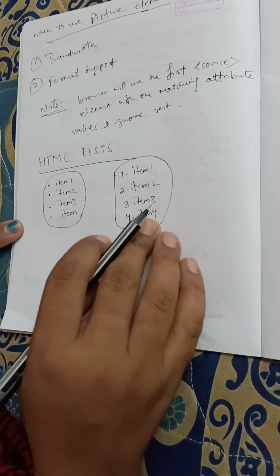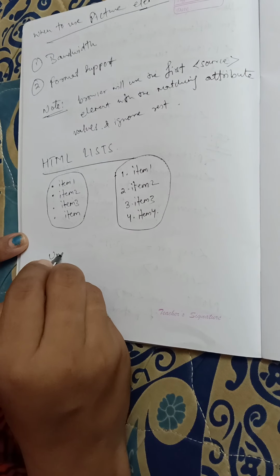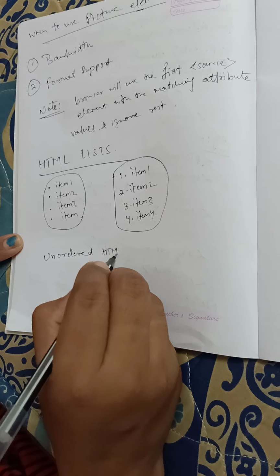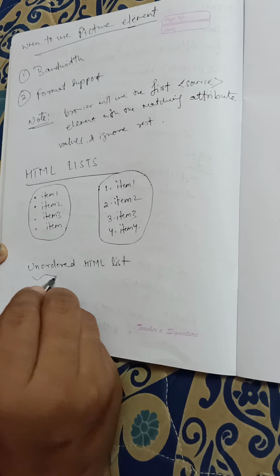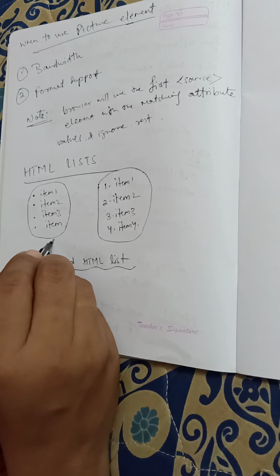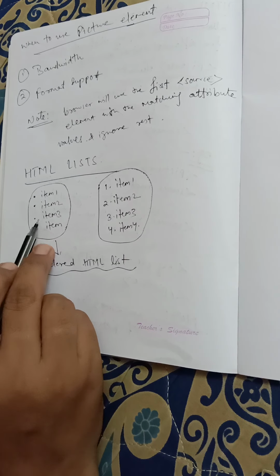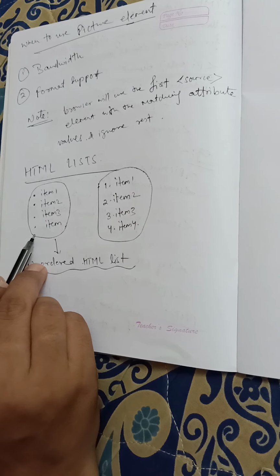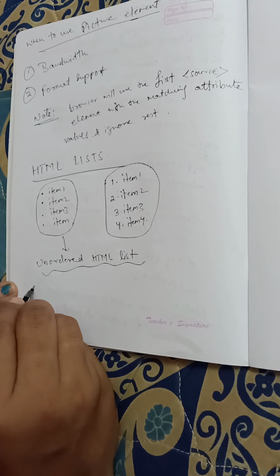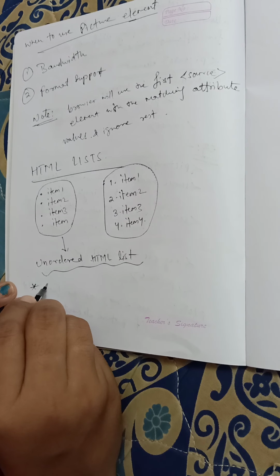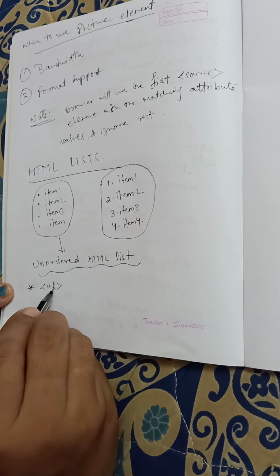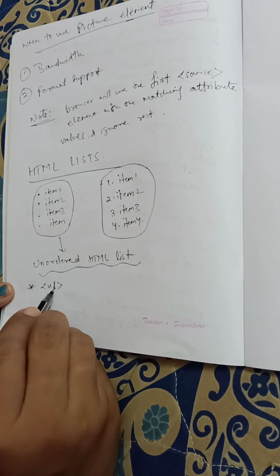Now we have something known as unordered list or unordered HTML list. Okay, so these types of list where numbering is not done is known as your unordered list. So unordered list always starts with UL tag. UL stands for unordered list.